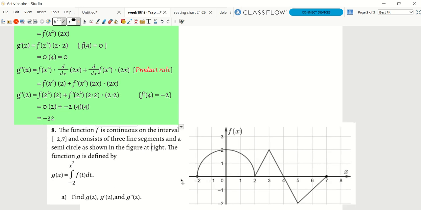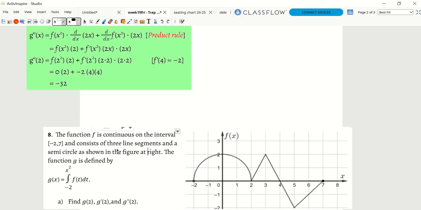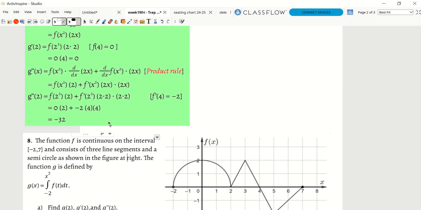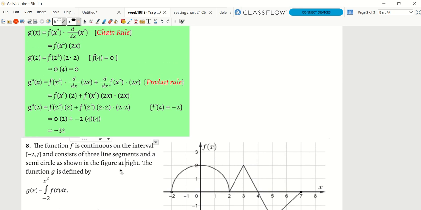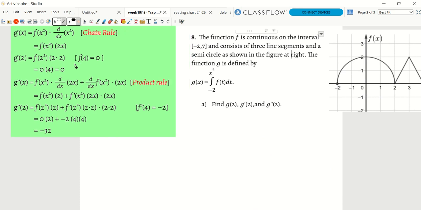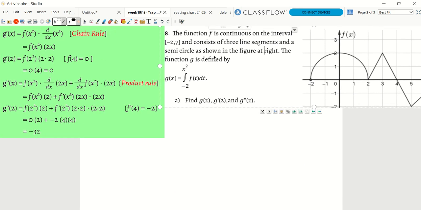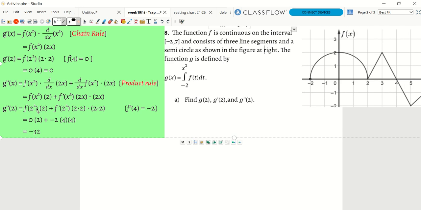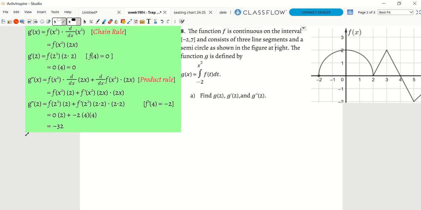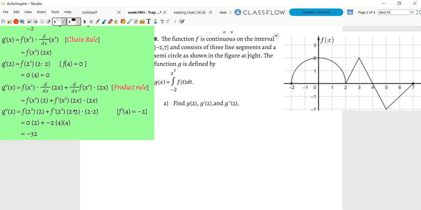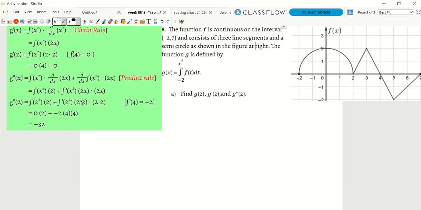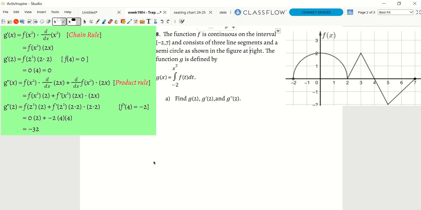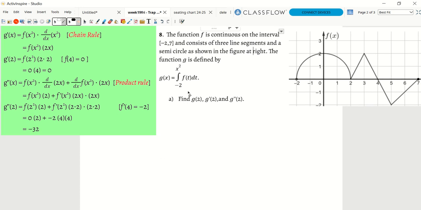Okay, I'm going to scoot this up here. So now, let's go like this. Let me shrink both. Now, g double prime x means we got to take the derivative of this right here.